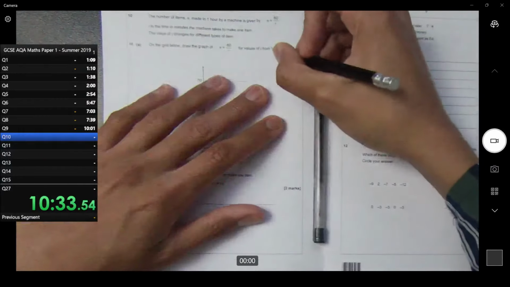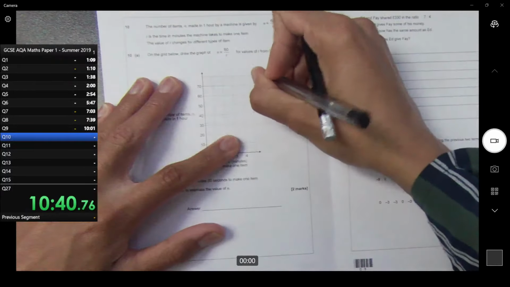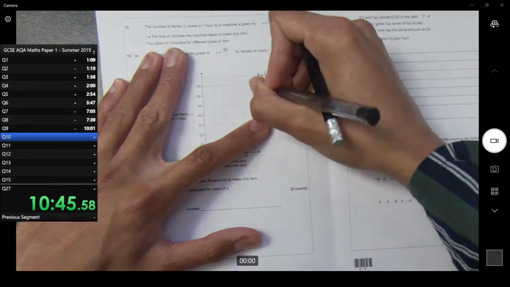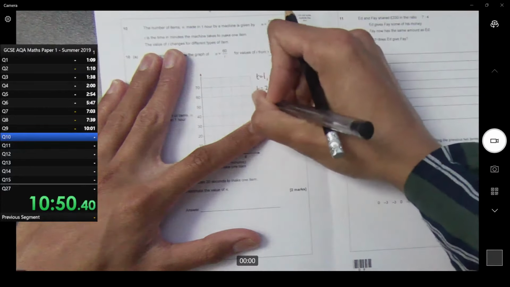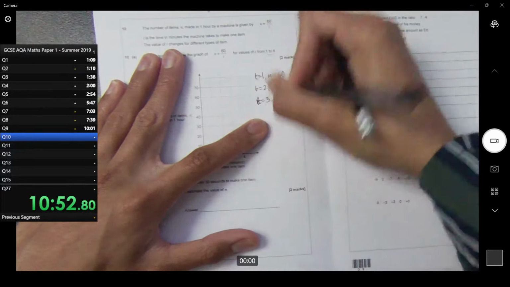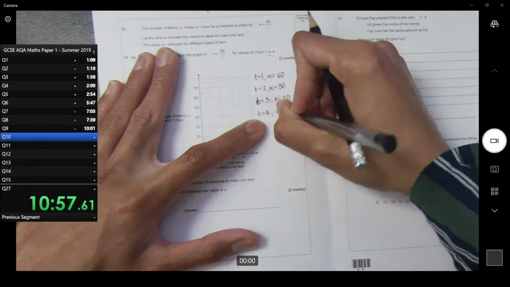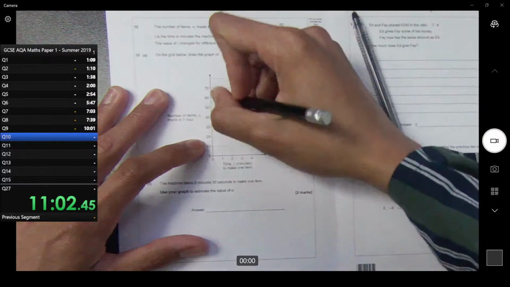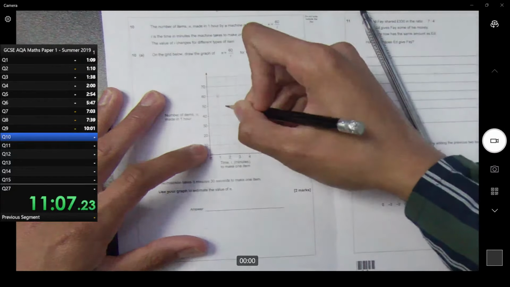Now t goes from 1 to 4, so we'll start at t is 1. Scroll across there.